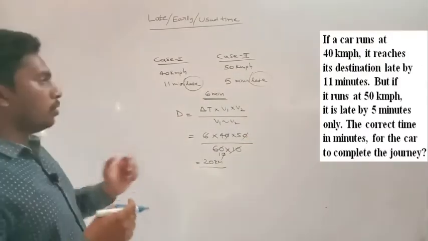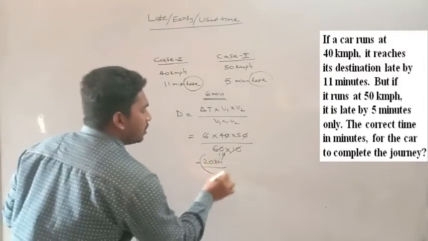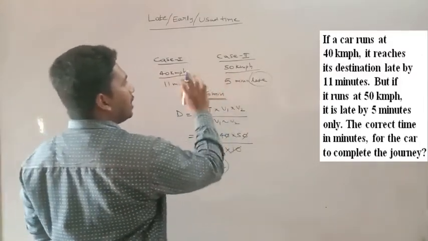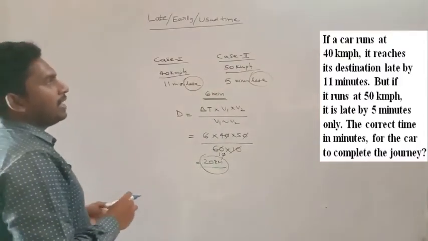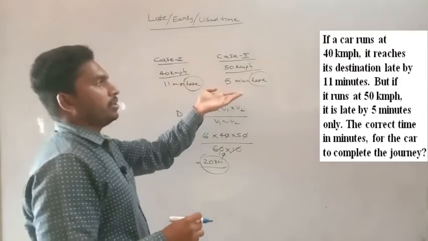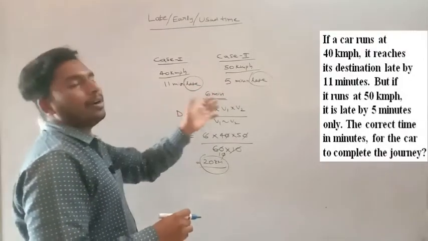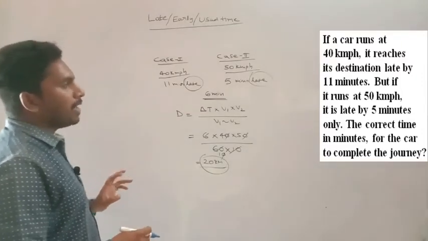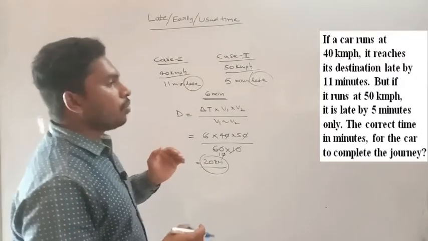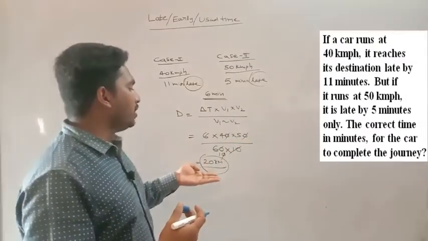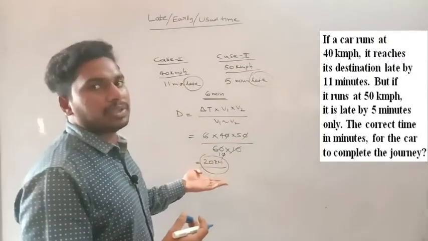Okay, so how to find this? You know the distance, and you know the respective velocities in case 1 and case 2, and at that velocity, whether you have reached early or late. We have these data only, but with this we have to find what is the exact time it takes to reach 20 kilometers distance.